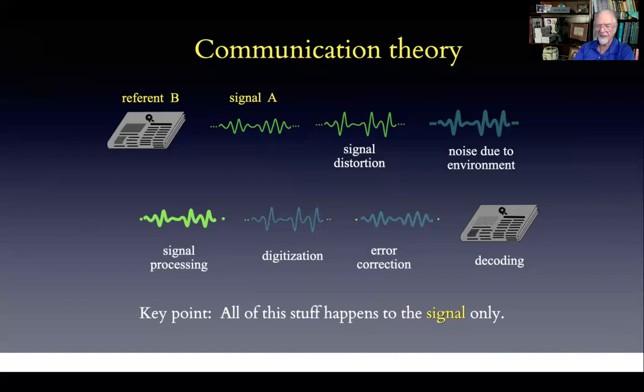It may be an accurate decoding, or it might not be accurate. But the key point is all of this happens to the signal, not to the referent and not to the decoded result.